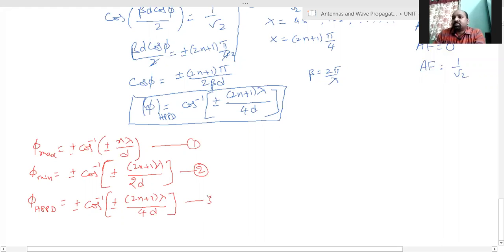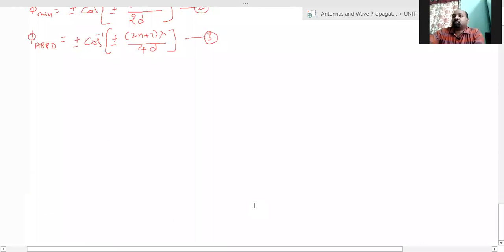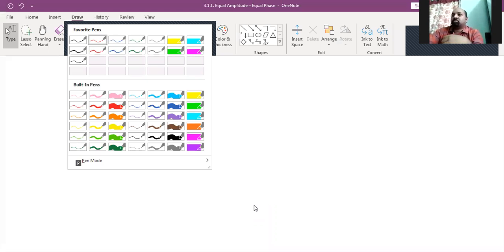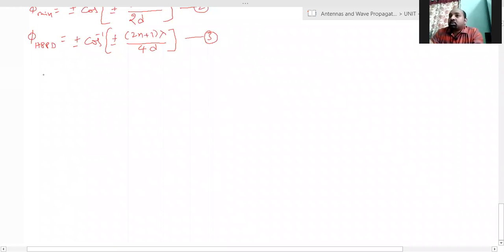So this is equation 3. Now let us take an example.